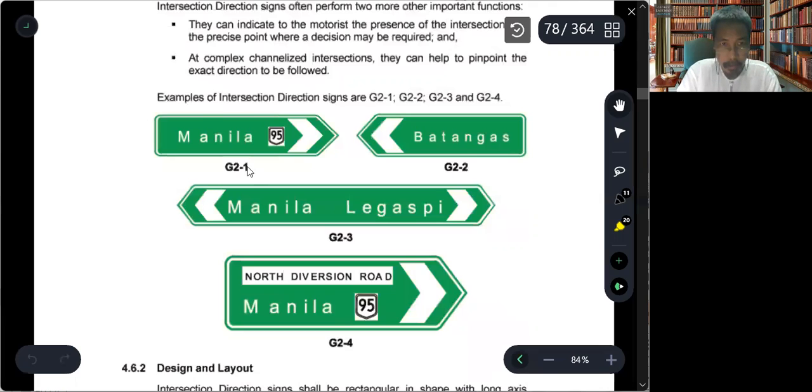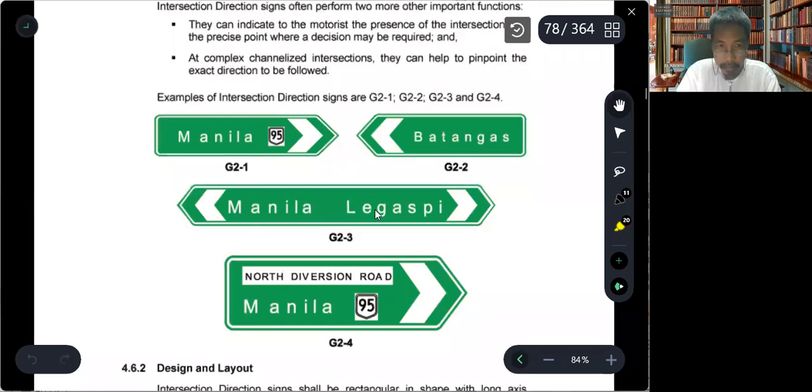G2-1 here, G2-2, almost the same, only a different direction, and you have extra information here. So meaning going right, 95 kilometers, that is Manila. Okay, so we have information in there. So here going left, Batangas.